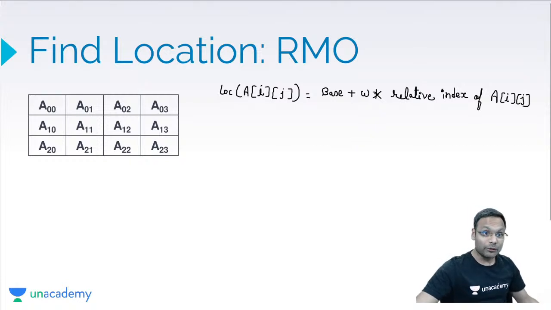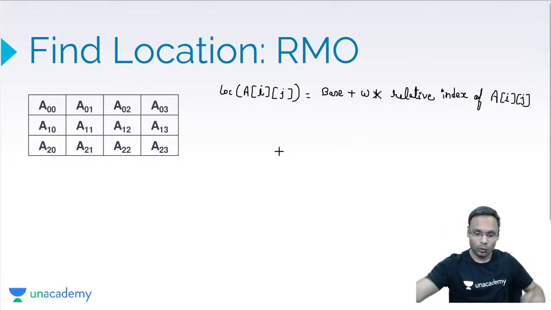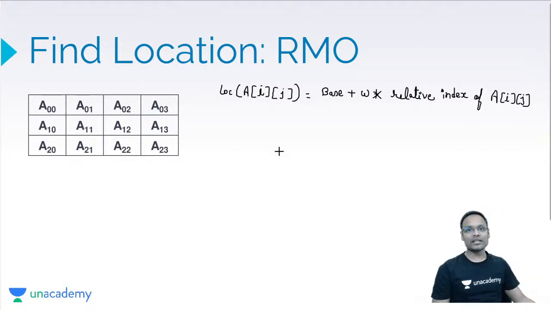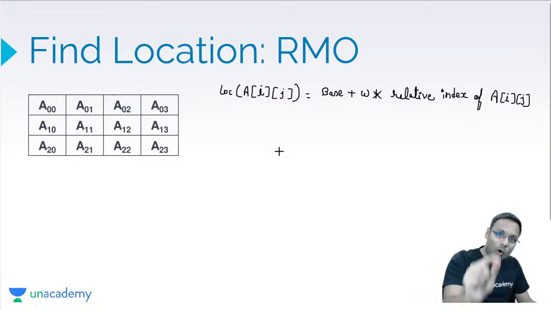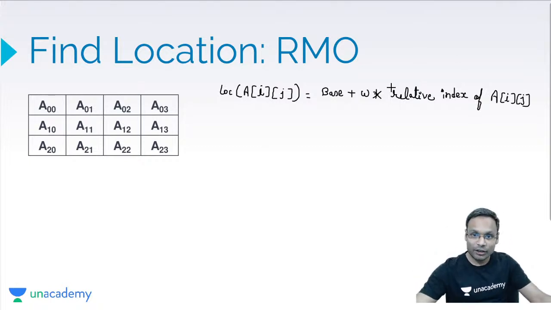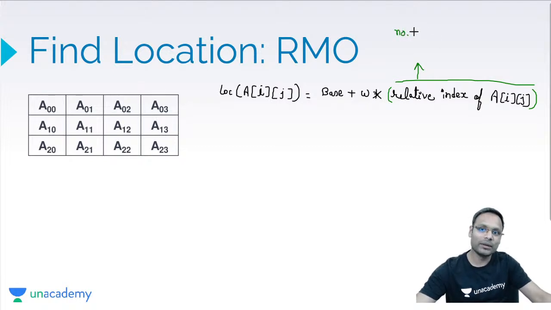Now what is the relative index? I am repeating again. The relative index is how many elements are present before that element in the array. When you are storing the array in the memory, how many elements are stored before this element A of ij.